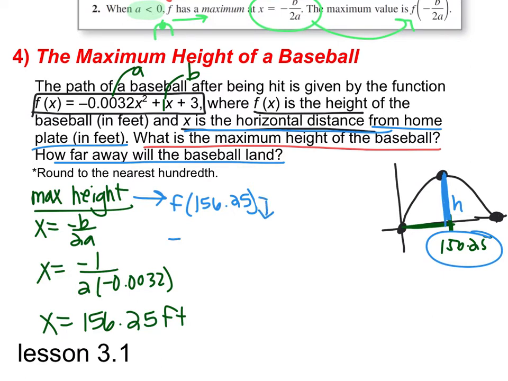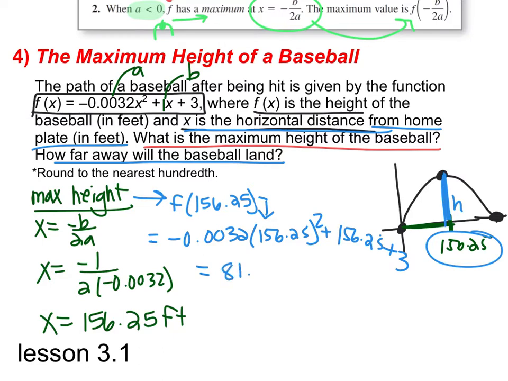So it'd be negative. So if we type that all in your calculator, you get 81.125 feet, and that would be the height at that point.